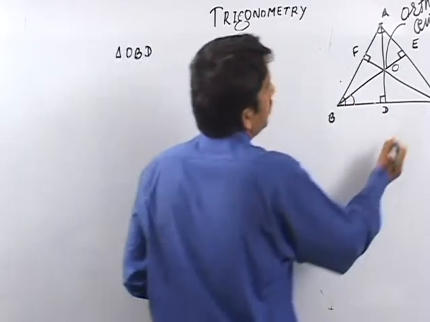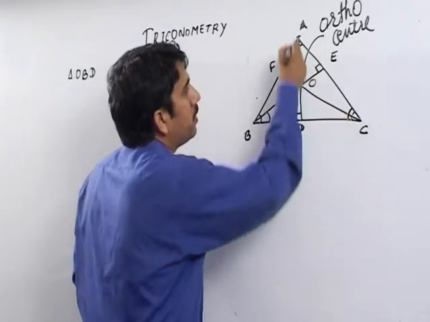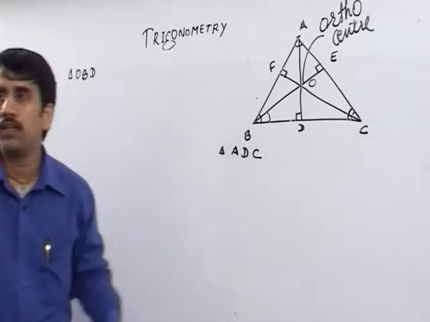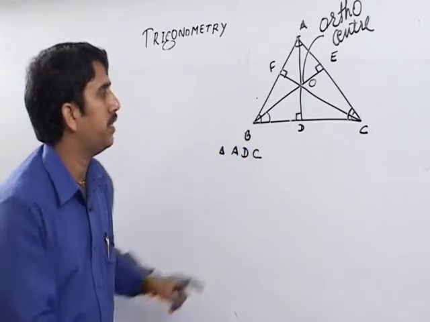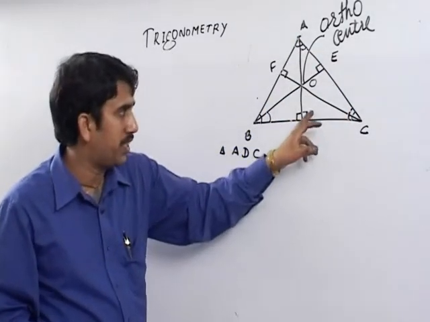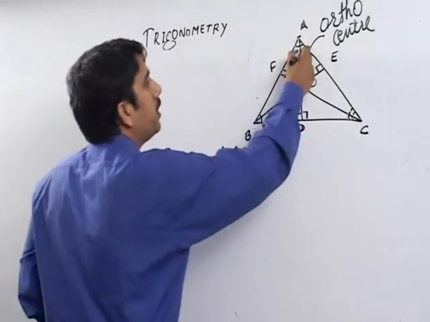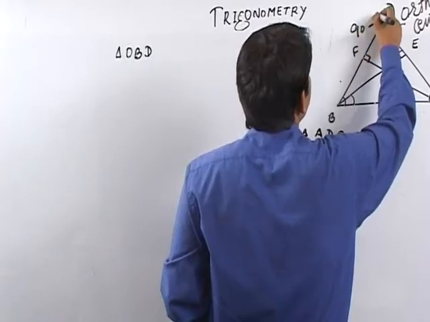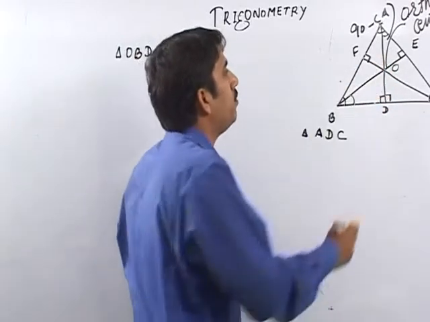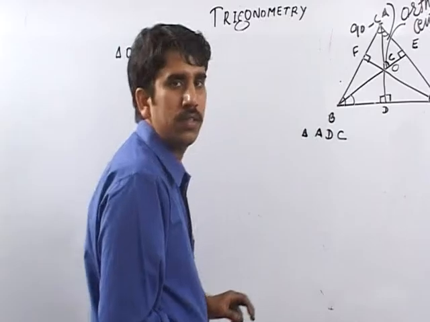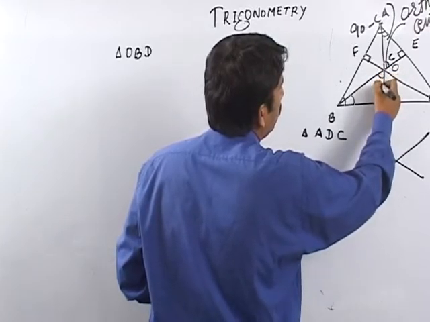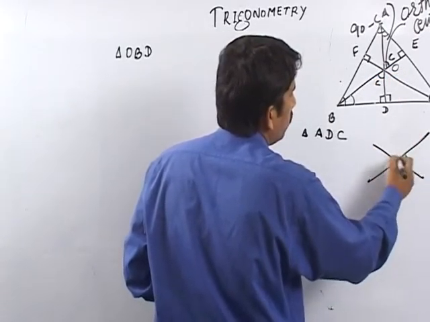Now, since this angle is C, if we take triangle ADC, in triangle ADC, this angle is C, this is angle 90, and the sum of the other two angles will also be 90 degrees, therefore this will be 90 minus C. Now if this is 90 minus C and this is 90, then this will become angle C. This angle C is equal to this angle because of opposite angles.